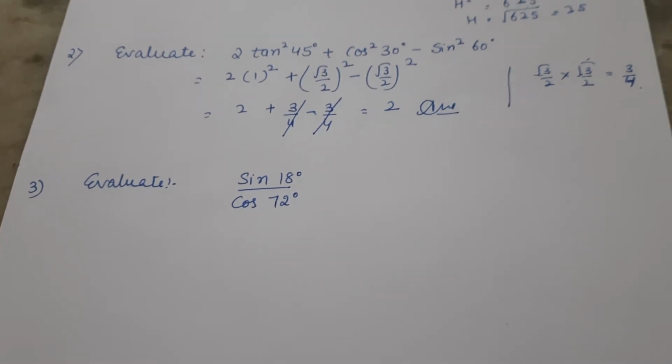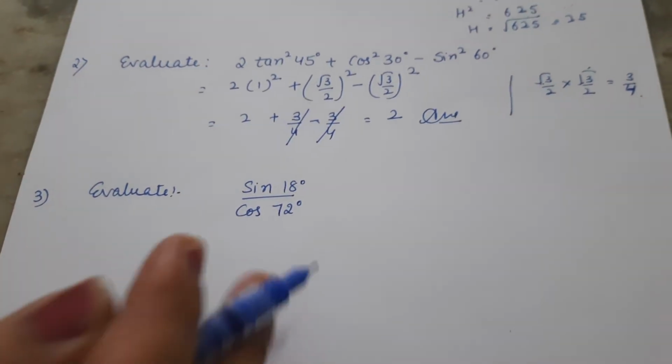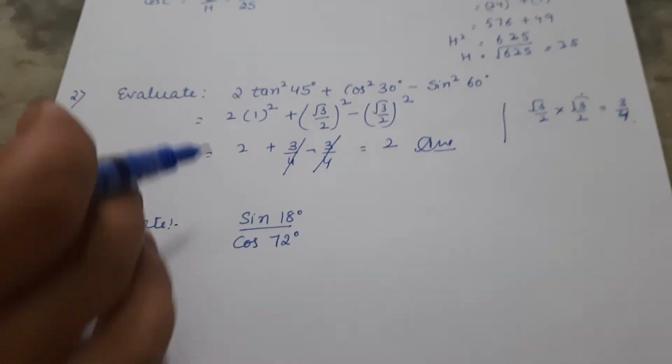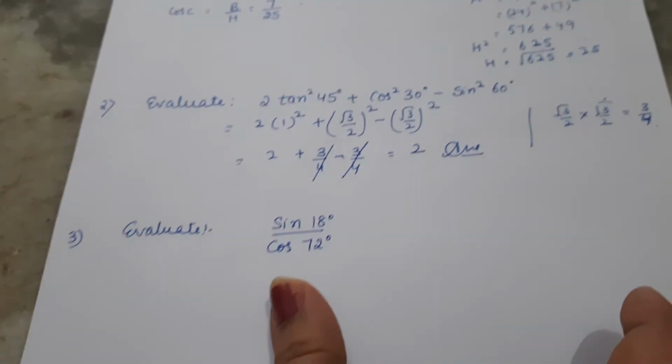Next we have some different questions, but they are just like trigonometric ratios, like identities.